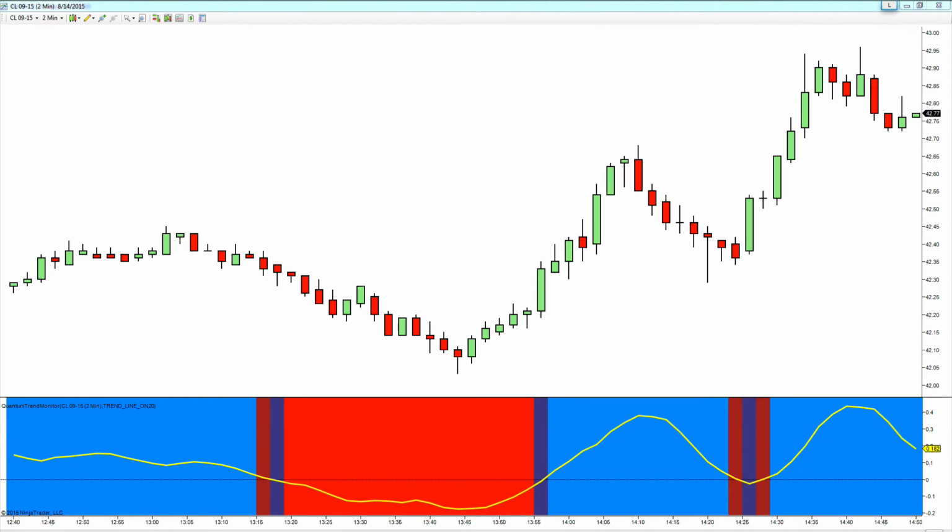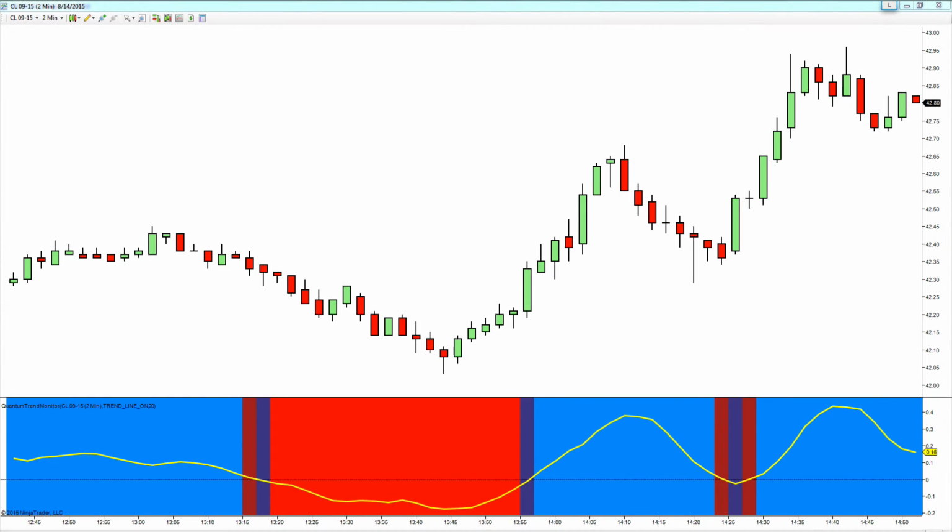And of course, in addition to the trend monitor, you would be using other indicators. You might be looking at the trend indicator as well. You might be considering volume, and you'd also certainly be looking at this in multiple time frames also.